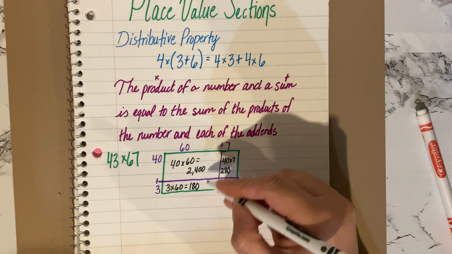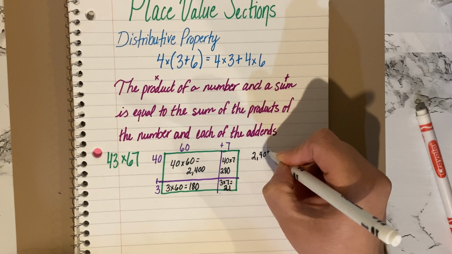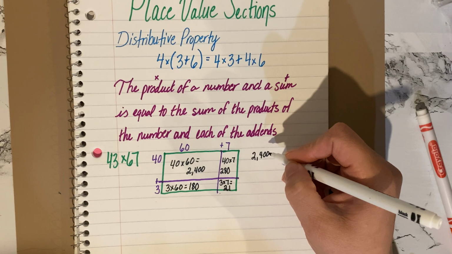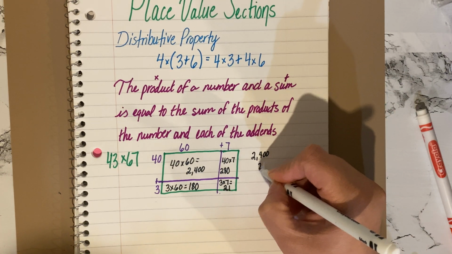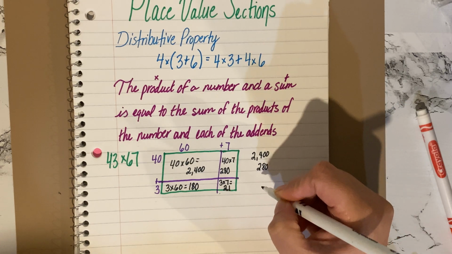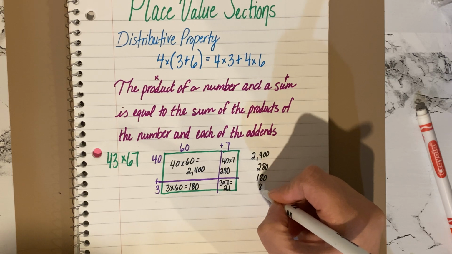Okay, now we take all of our totals and we're going to add them together. So we have 2,400, and I'm going to go from largest to smallest. Then we have 280. Then we have 180, and we have 21.